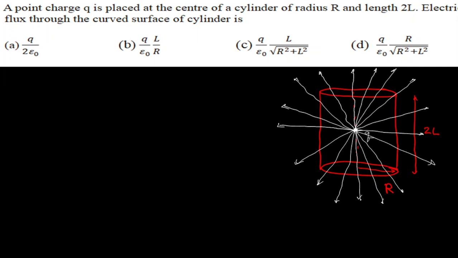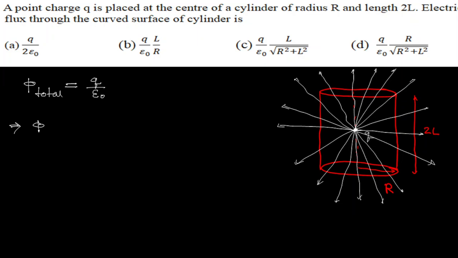Since it is a closed surface, and we know the total enclosed charge is Q, we can say the total flux, according to Gauss law, is Q divided by epsilon naught. Now this total flux will pass through the curved surface as well as the flat surface.